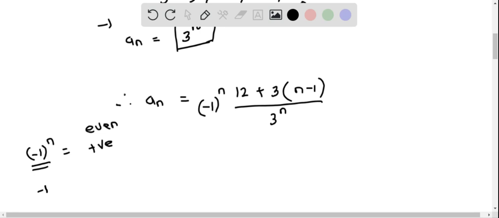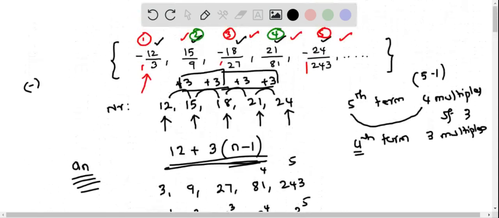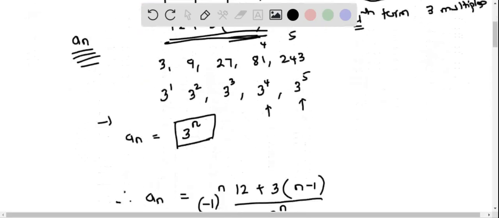And whenever n is odd, this quantity, that is minus 1 raised to an odd power, is going to be negative 1. So this will take care of the sign we have in the sequence.